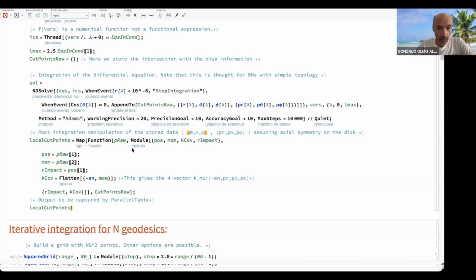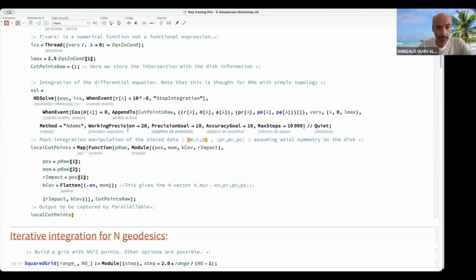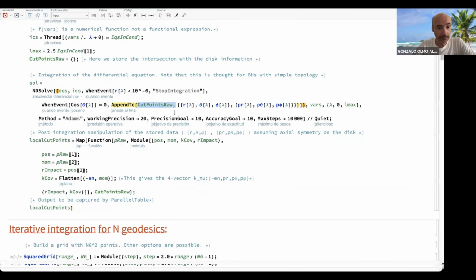So this is what we do. We take the cut points raw, this data, and manipulate them simply to get the radial position and the spatial momentum, okay? We had the position was a vector, this first vector, and the momentum was this other 3-vector, okay?